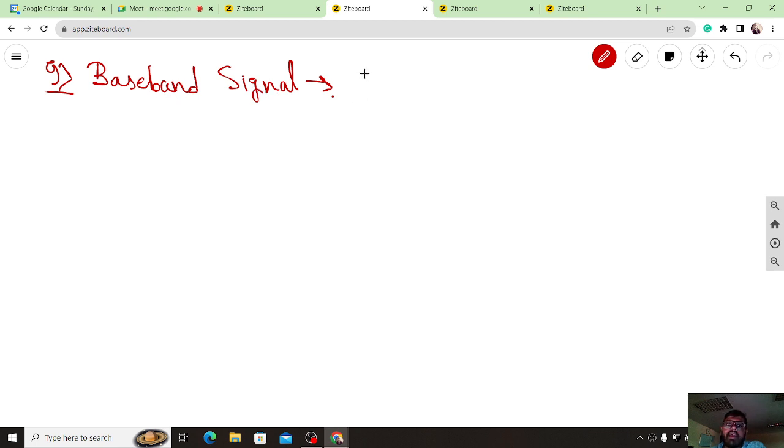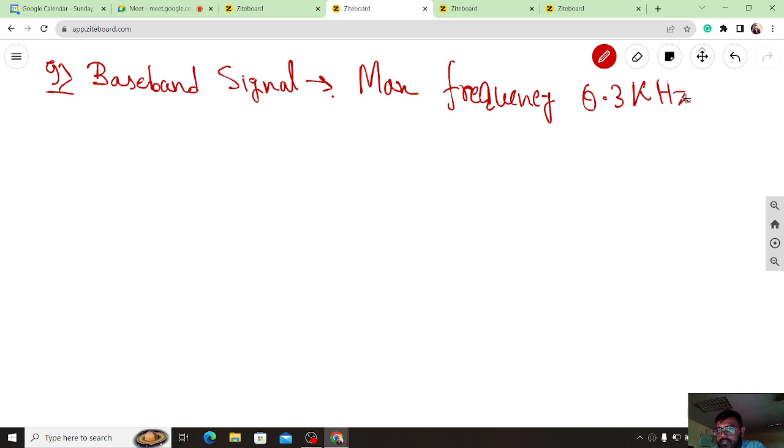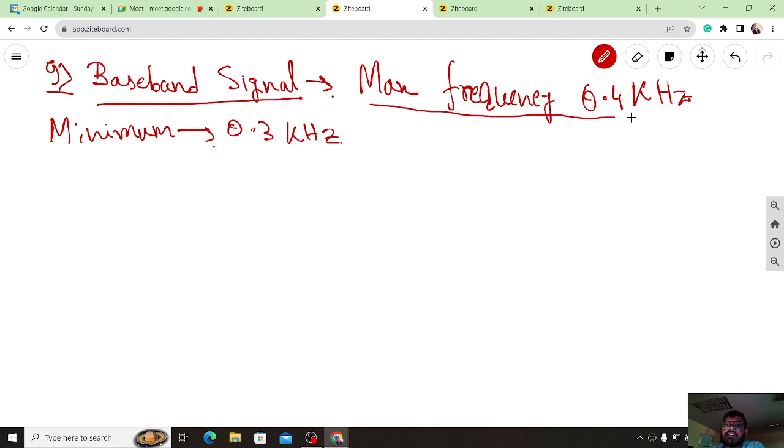This baseband signal has a maximum frequency of 0.4 kilohertz and a minimum frequency of 0.3 kilohertz.